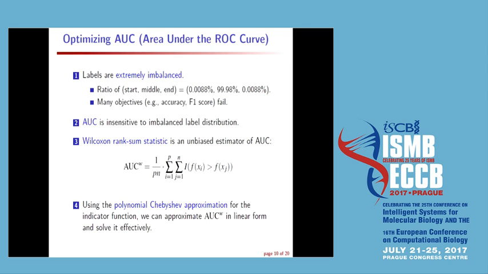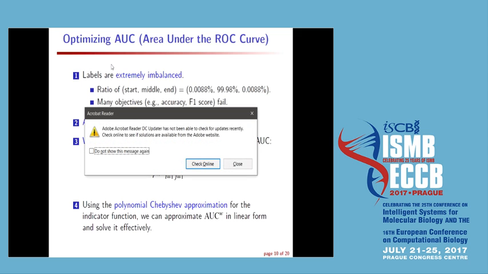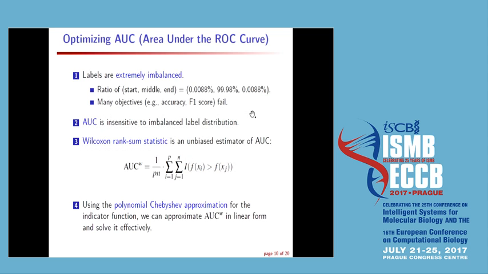It turns out that the AUC, the area under the ROC curve, is such a good objective function. But the AUC is very hard to compute. To address that, we use the Wilcoxon rank sum statistic as an unbiased estimator of the AUC score.